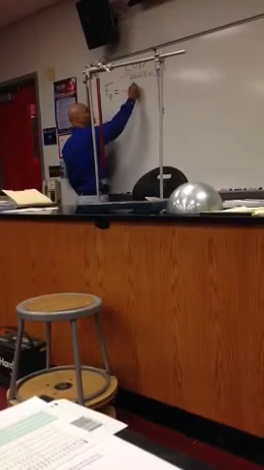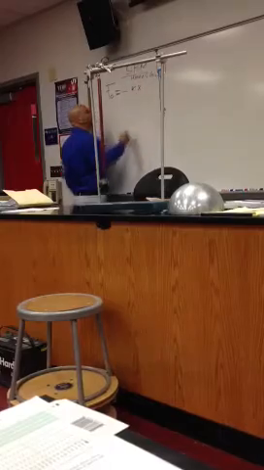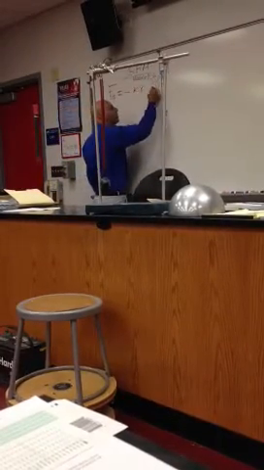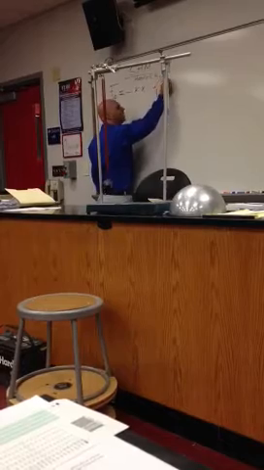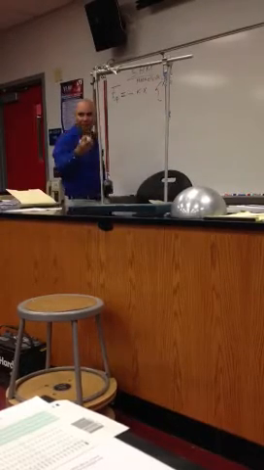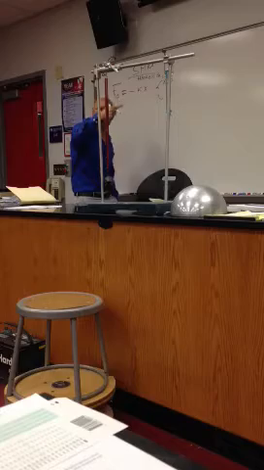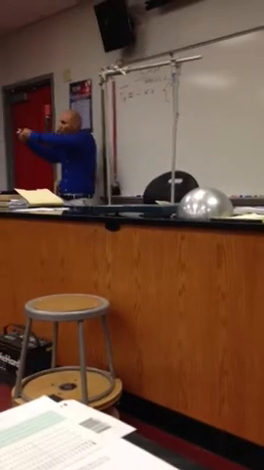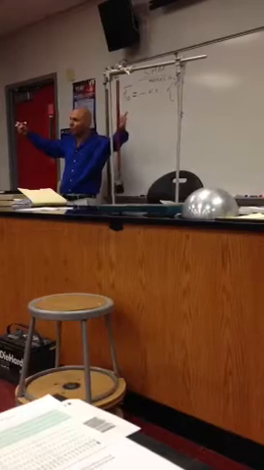So negative kx, where x is the extension of the spring. When x is greater than 0, the spring gets extended, and the force is in the opposite direction. So if you extend a spring this way, the force done by the spring will be in the opposite direction.